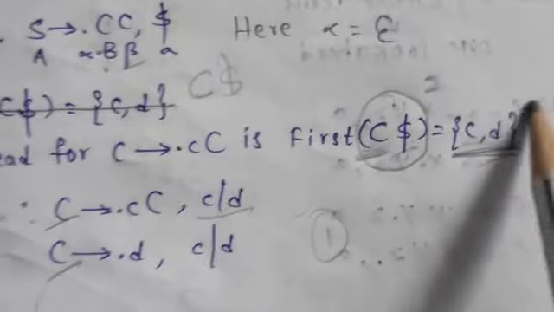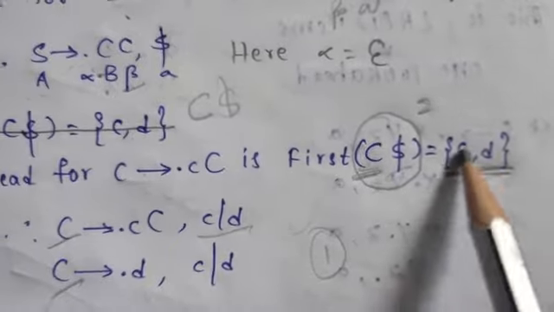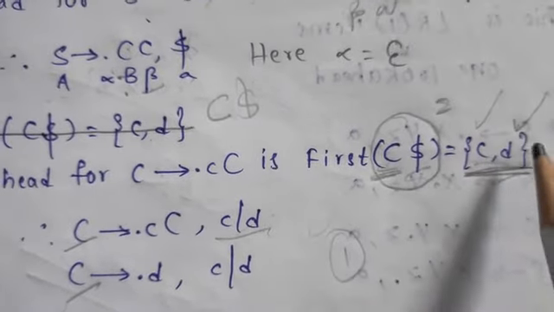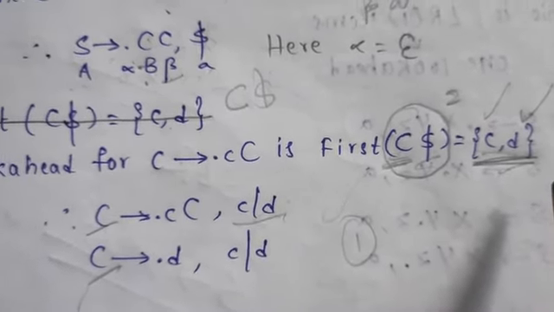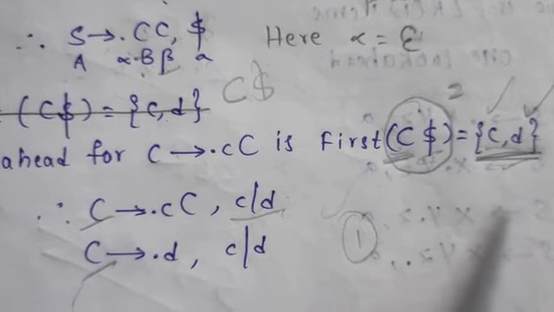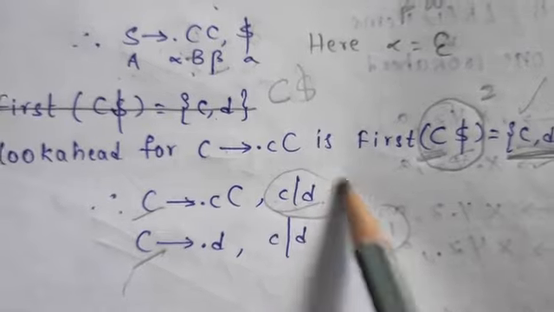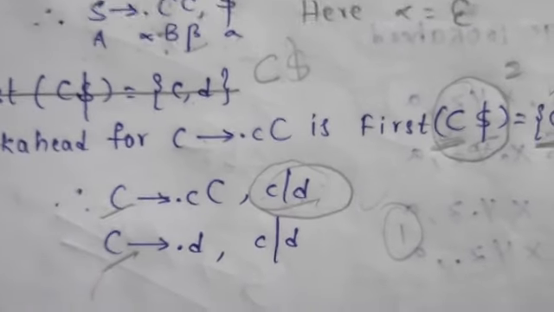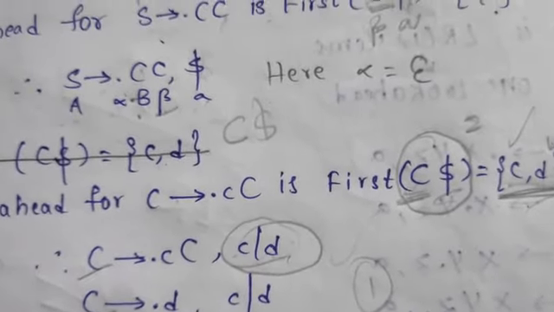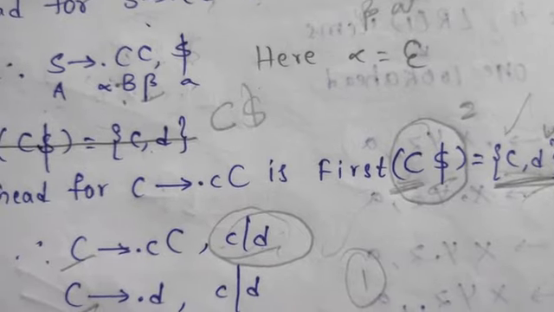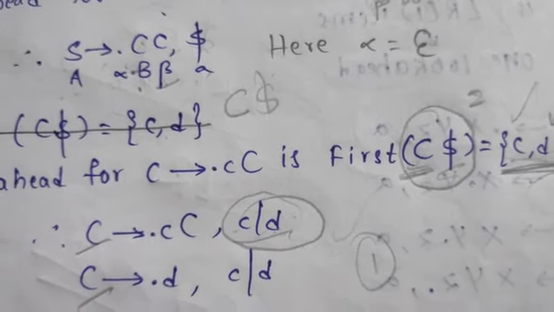Here we are not placing C comma D, because we are taking only one lookahead. Here two terminals are there, so it cannot accept two lookaheads at a time. For that reason we are using either C or D. For that process we are using C/D as a lookahead. By placing this C/D we are using only one lookahead at a time.